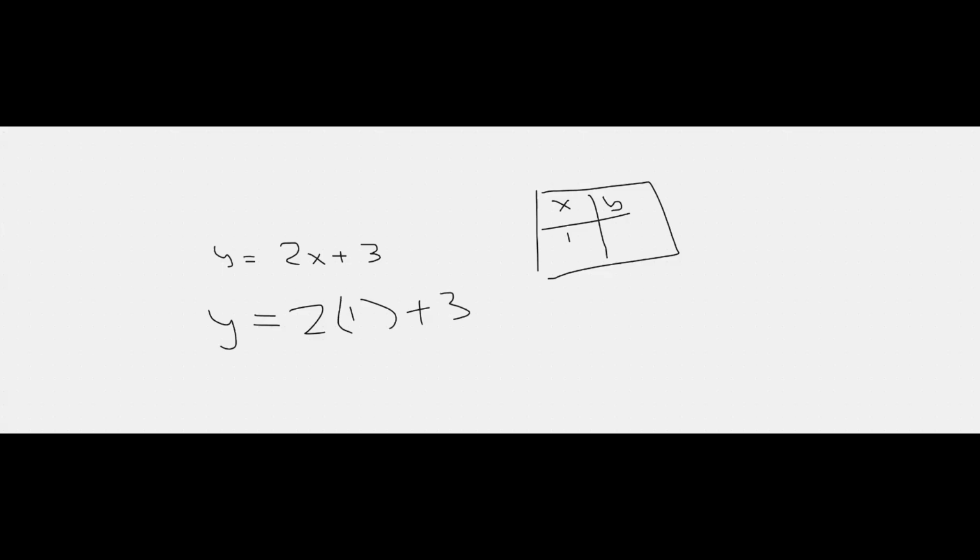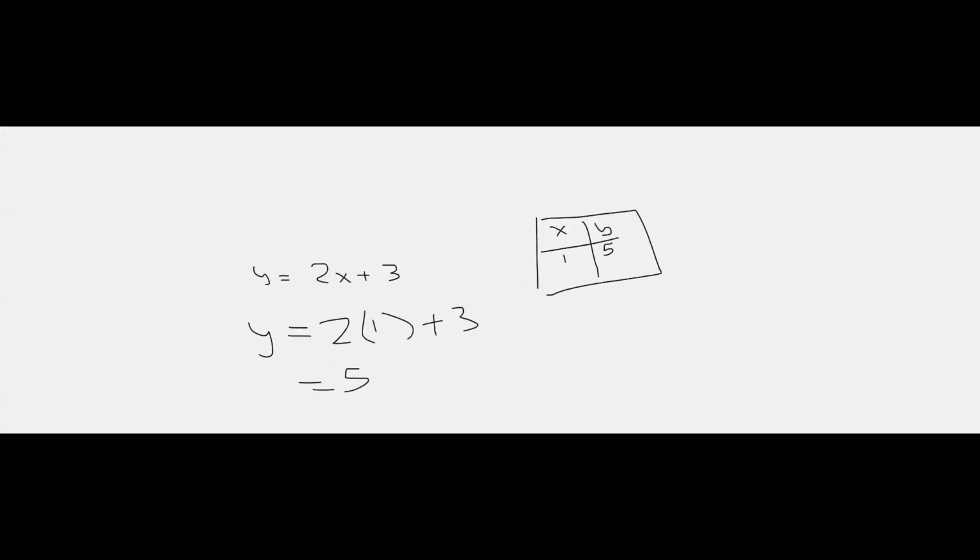And that would equal 5. So then you put 5 here. So all I'm asking you guys to do is do the same thing, but with x going from -1 to 3. So -1, 0, 1, 2, and 3. And then draw the same table. Do you understand now? Yep.